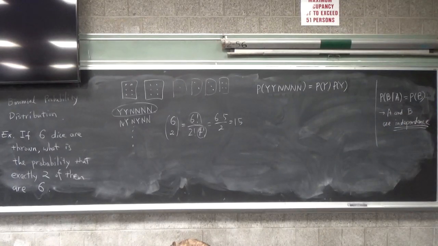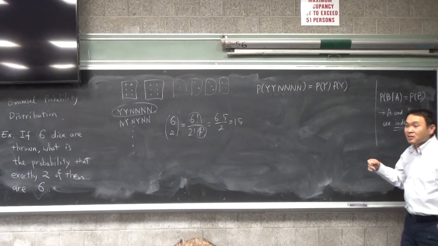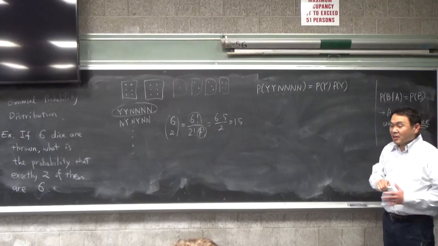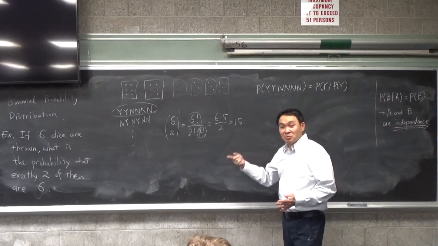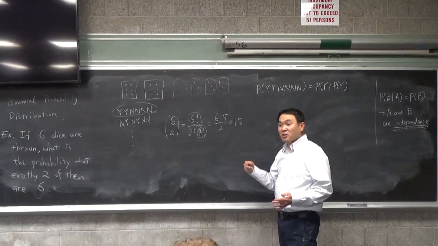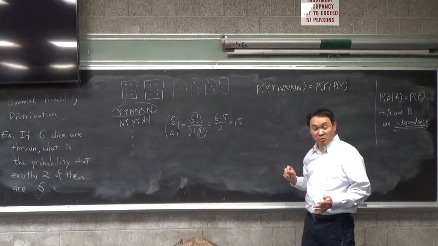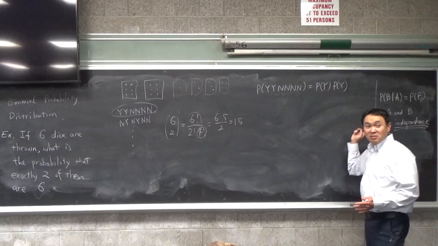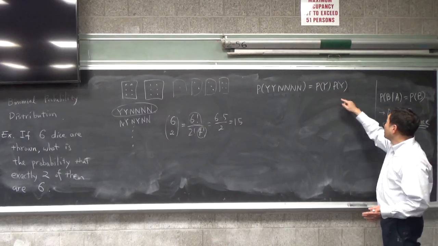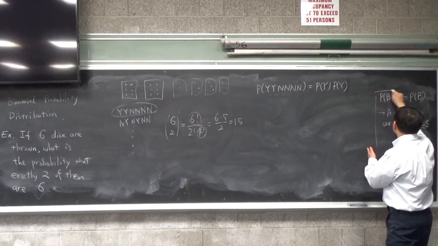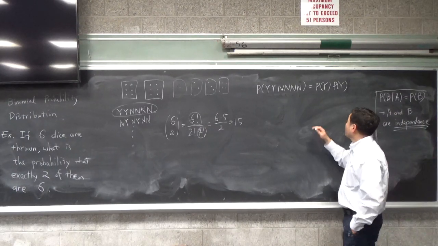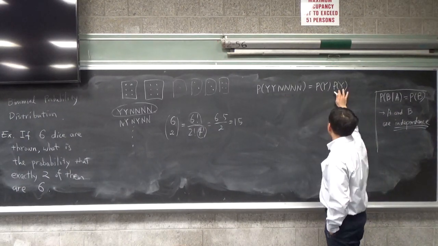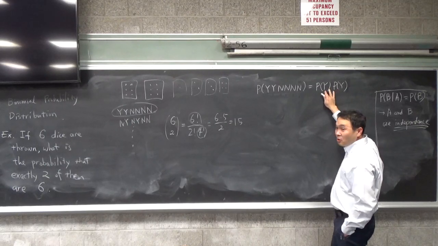In the previous example that we just did, getting the first ball as red did change what comes next. You got a lower chance of getting a red if the first one was red. But sometimes it doesn't matter, like this example. So this concept of independence is very important. Here, this will be independent of the first row.